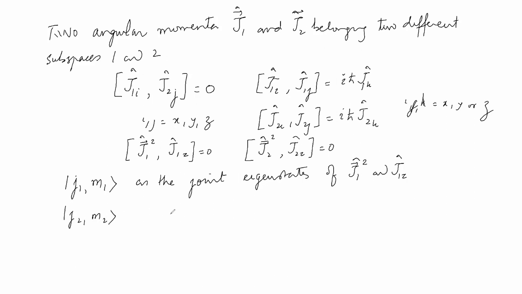Similarly, |J2 M2⟩ is the joint eigenstate of J2 square and J2Z.